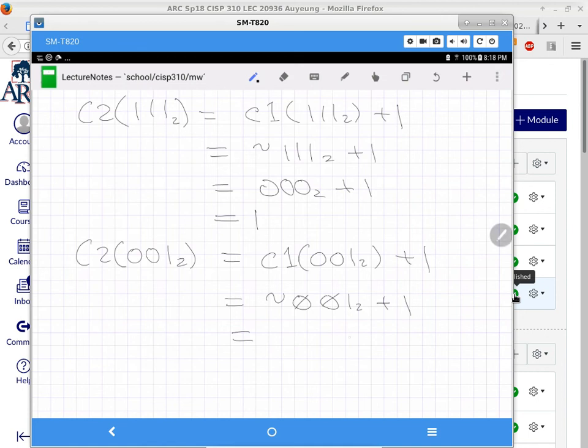So the 1 turns into a 0, the 0 turns into a 1, the 0 turns into a 1. So we have 1, 1, 0 plus 1, which turns out to be 1, 1, 1 in base 2. If I claim that 2's complement is negation, then this actually works out. The negation of 1 is 1, 1, 1. The negation of 1, 1, 1 is 1. That works out.